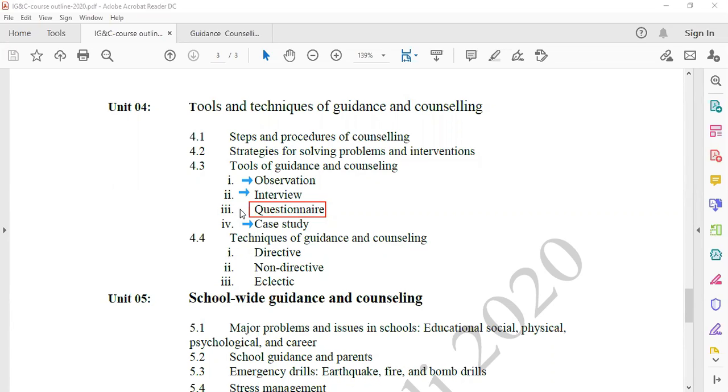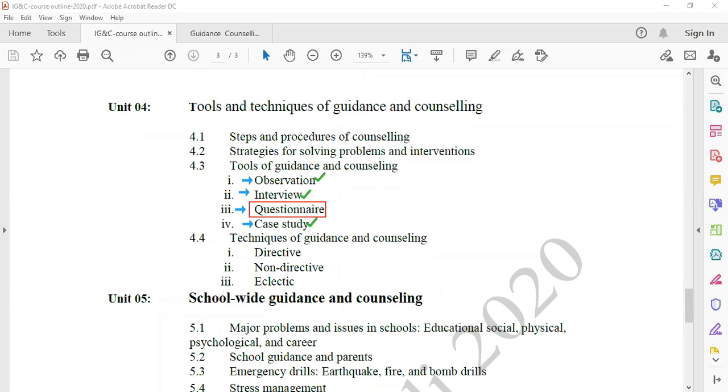That is also used, but today's major focus is on three components: observation as a tool for collecting information from the respondents, from the client, from the students, interview, and case study, in order to assist them, guide them, and provide them counseling. Now, the first component is observation.